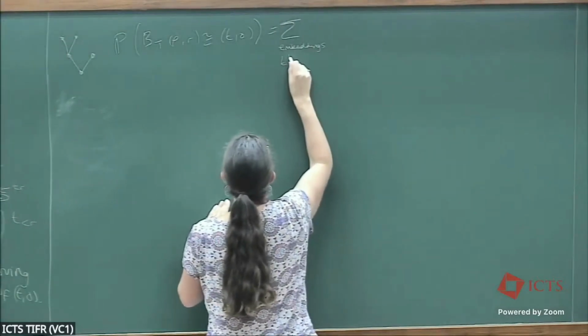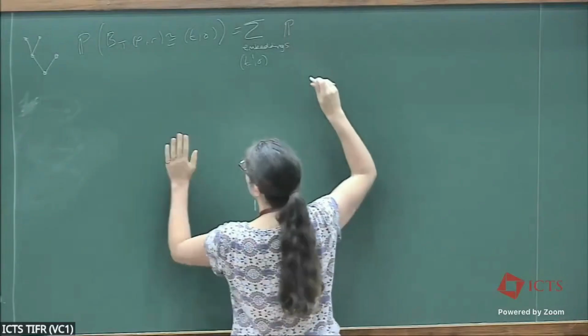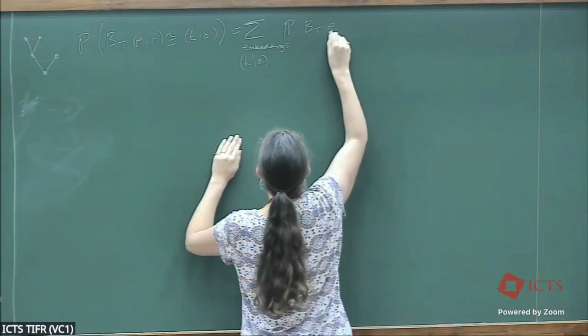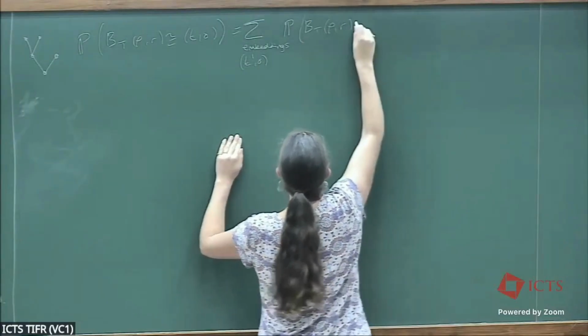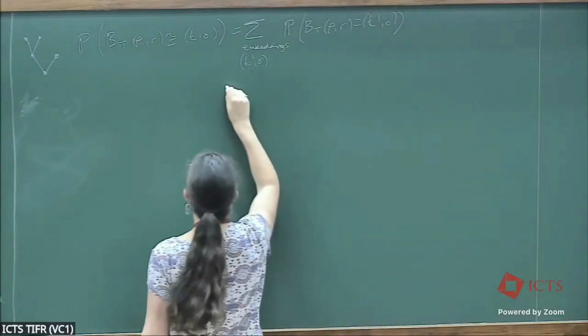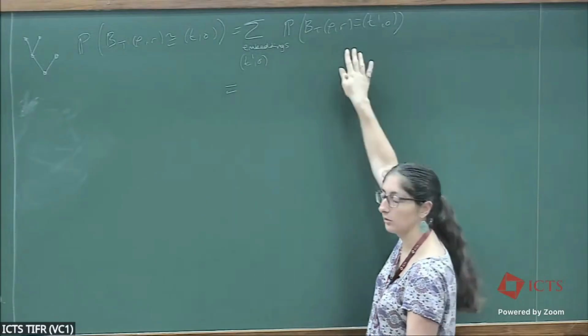Maybe I will call the embedded version T prime. It's the probability that it's really equal to that embedded version. We can count how many embeddings there are, and then we can calculate this.